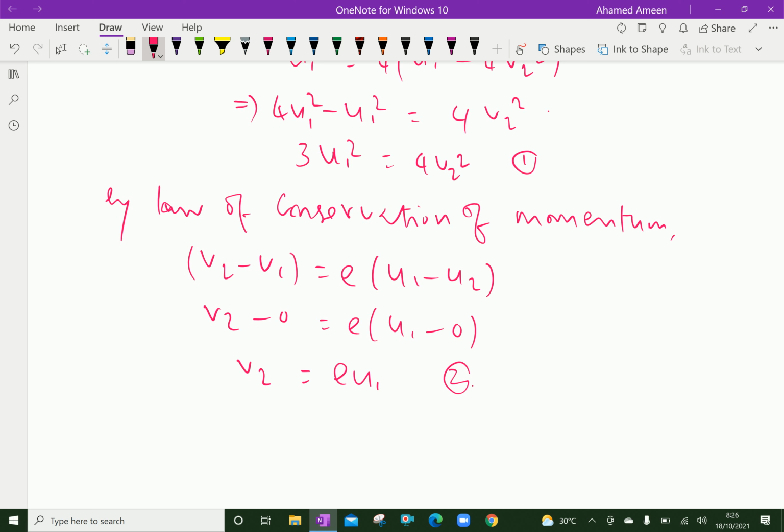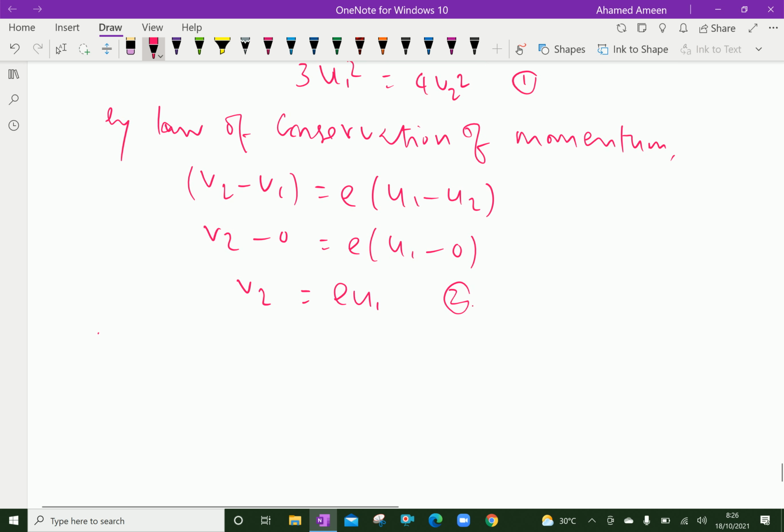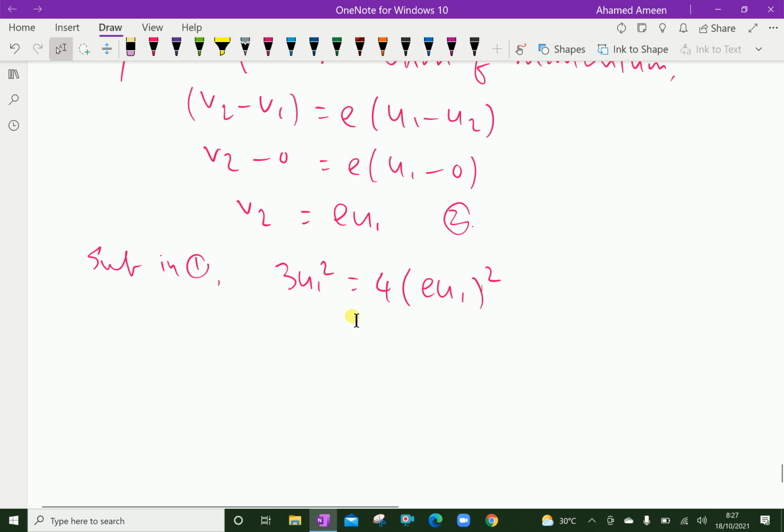Now substituting v2 in 1. Substituting in 1 that v2, we get 3 u1 square equals 4 times v2 square, that is e u1 the square. So we have 3 u1 square equals 4 e square u1 square.